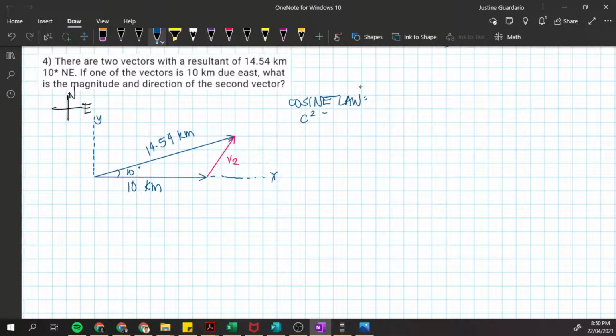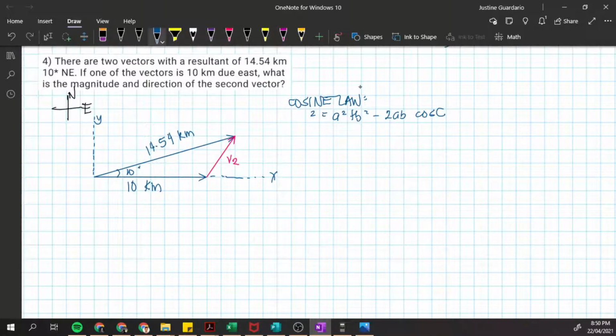is equal to c squared is equal to a squared plus b squared minus 2ab cosine c. Where a and b are the given two sides and the angle c is the angle in between them. So we can solve for c.